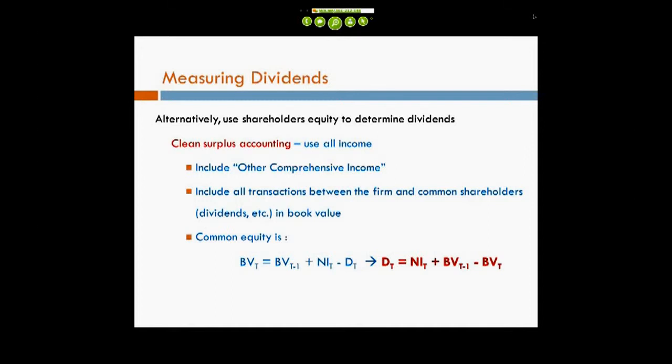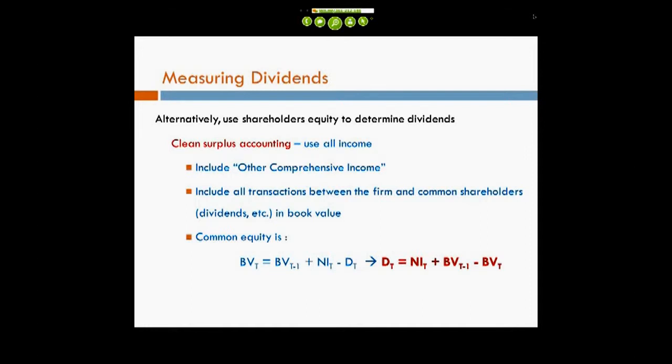You include all the transactions between the firm and common shareholders in this, and this says that your book value this year is equal to last year's book value plus your net income minus your dividend payments, right?